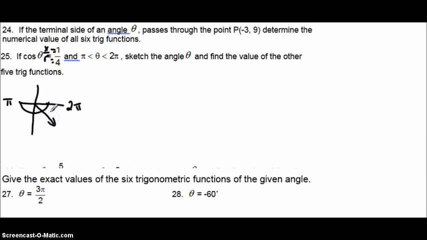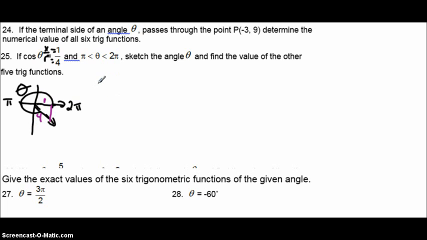Okay, so our theta is like that. Okay. So we also know that on our triangle we have 1 and 4.